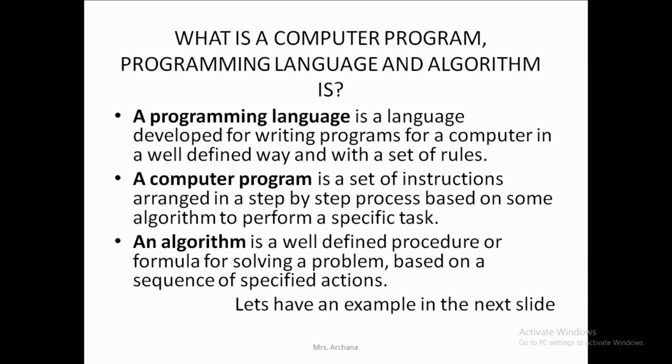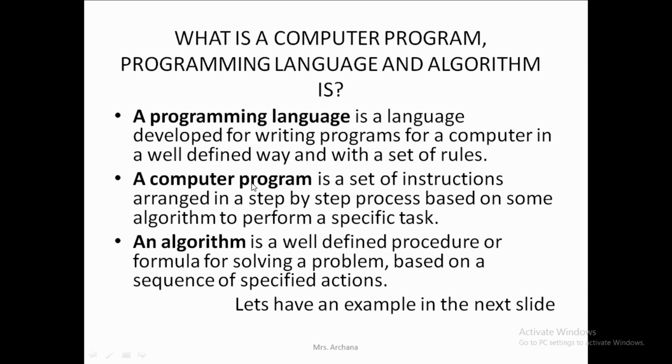That is a programming language. The definition: a programming language is a language developed for writing programs for a computer in a well-defined way and with a set of rules.